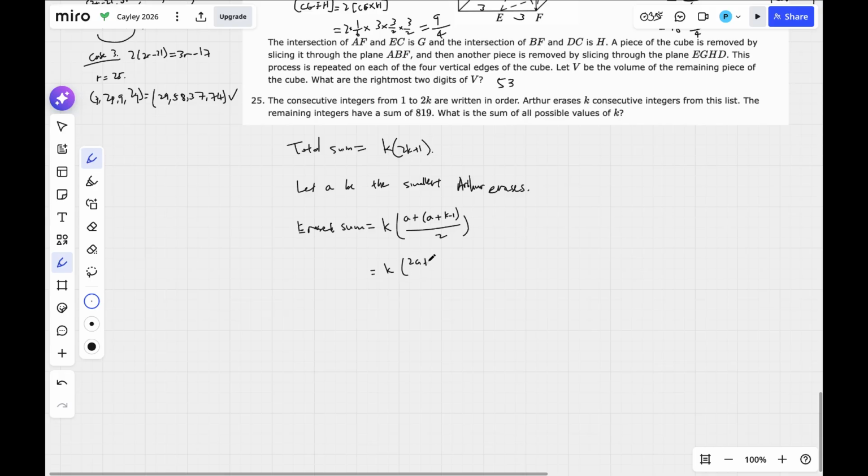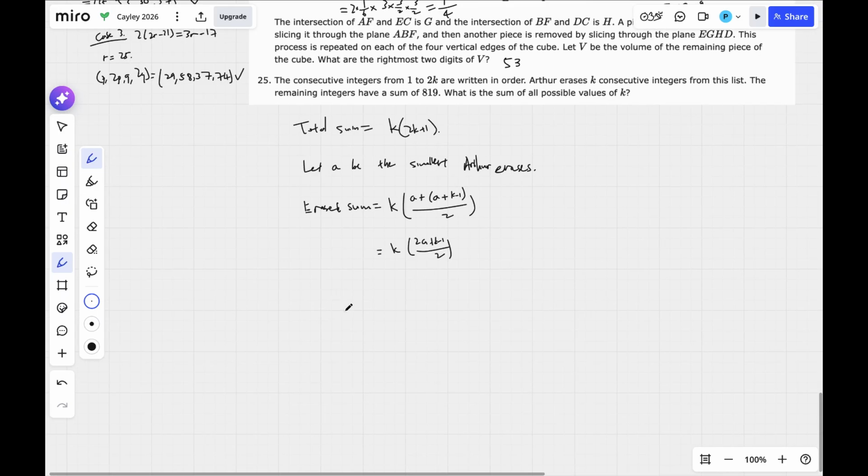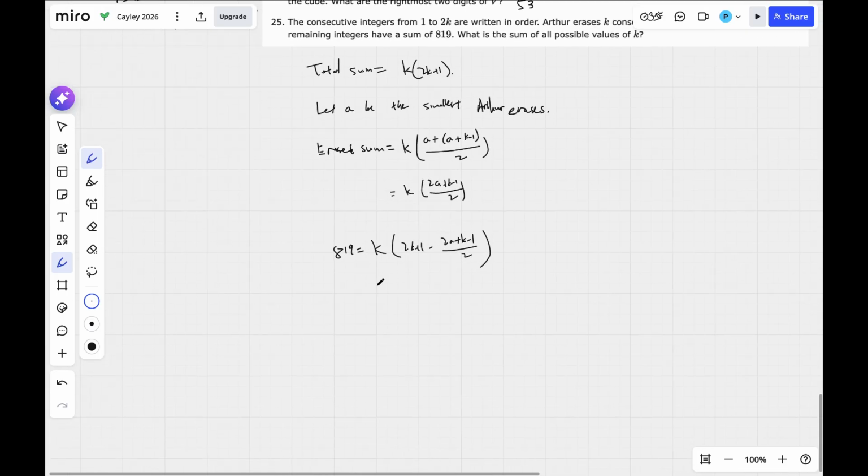This will be k times A plus A plus k minus 1 over 2, and this is equal to k times 2A plus k minus 1 over 2.